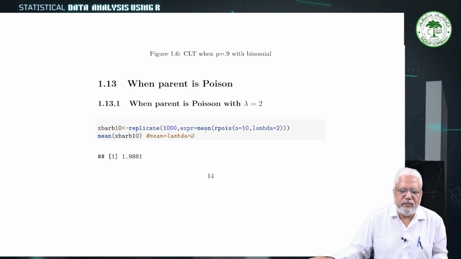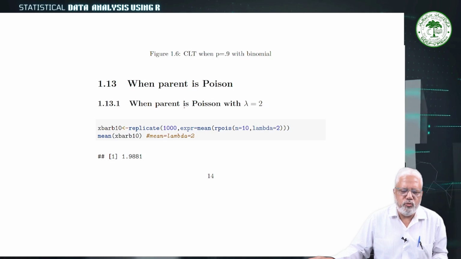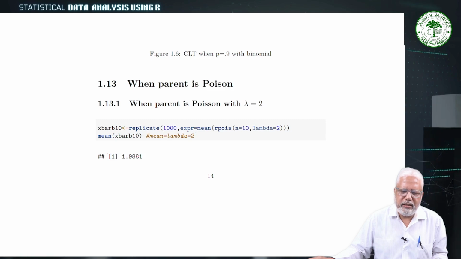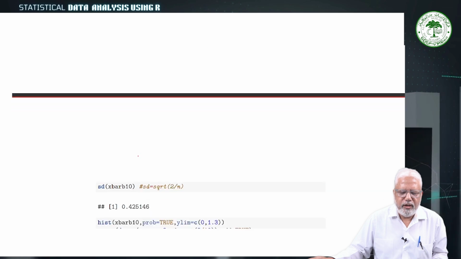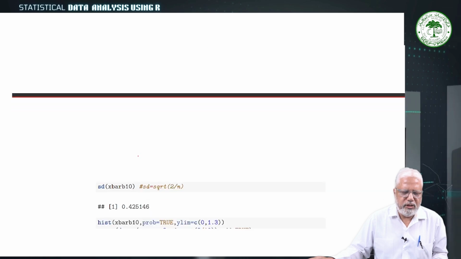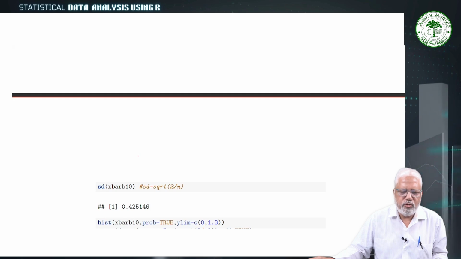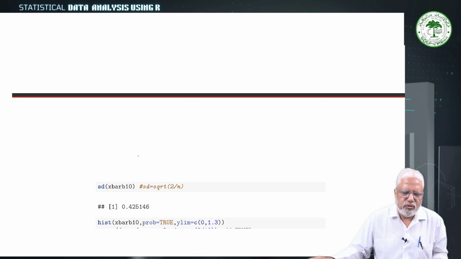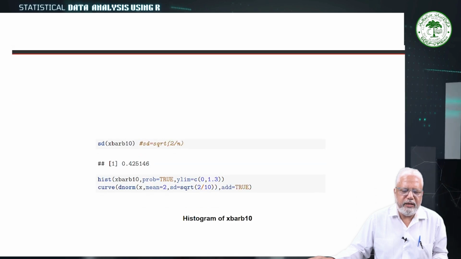So here the mean should be lambda, which should be 2. So it is 1.988, which is very close to 2. And SD should be the square root of 2 by n. So it is 0.42, which is very close to the square root of 2 by 10.